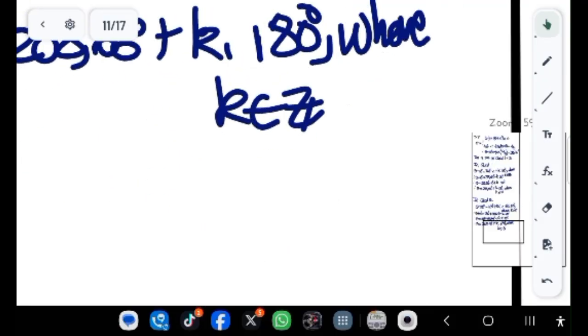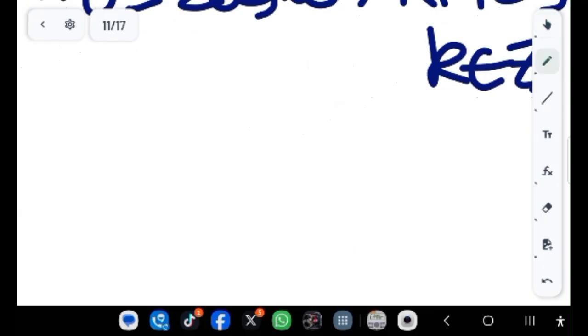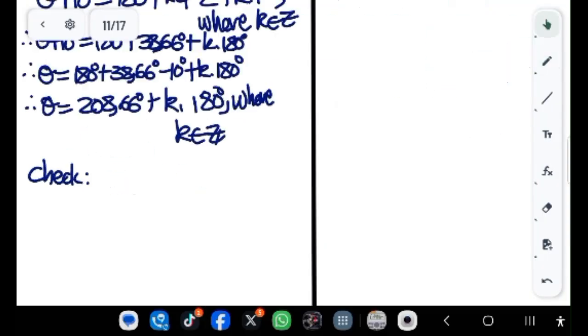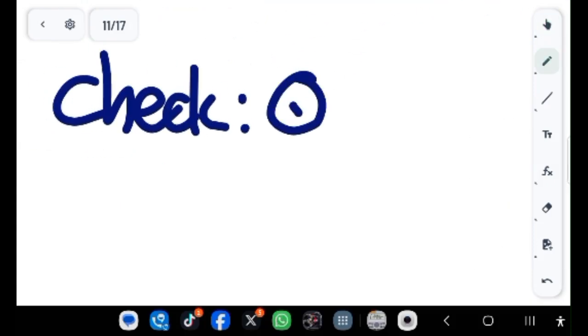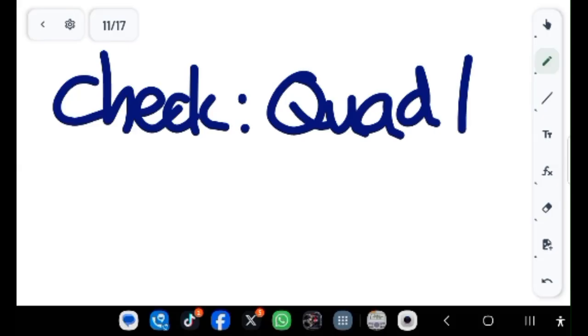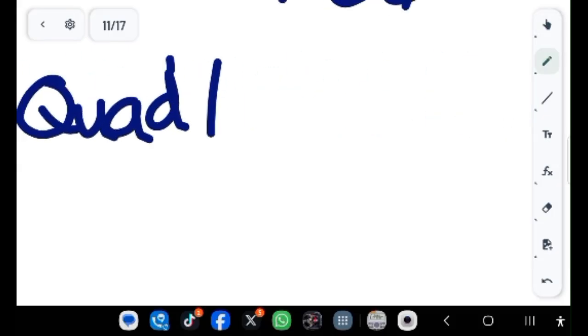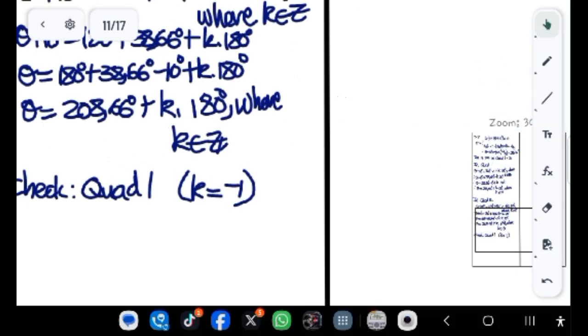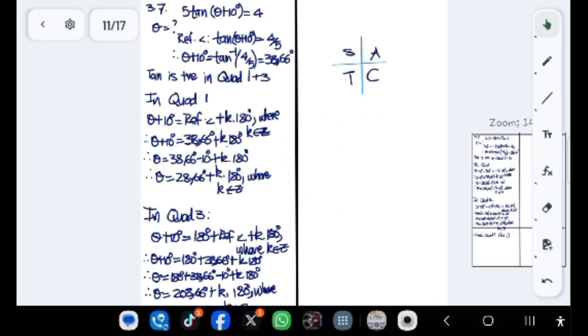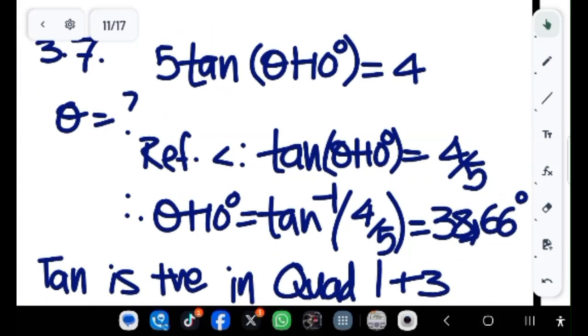Okay, now we check. We're going to check the first one, the one in the first quadrant. We're going to check the quadrant 1 solution with k equals -1, just for control. So we substitute it back into the original equation, so the left hand side must be equal to the right hand side.